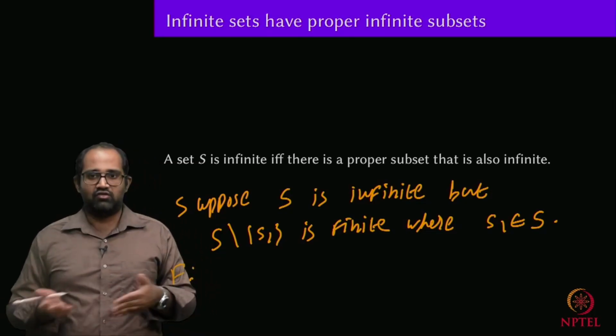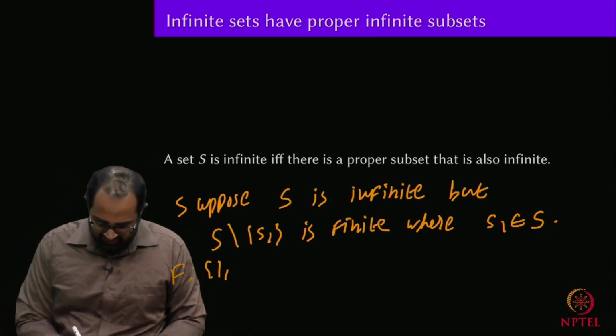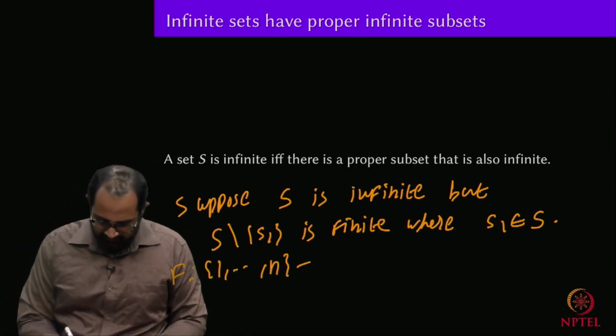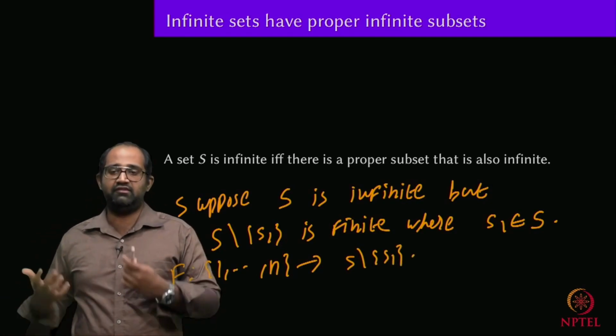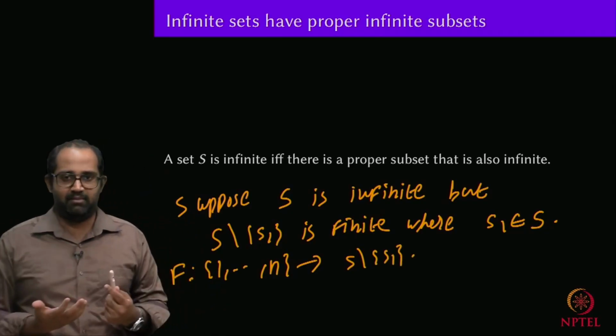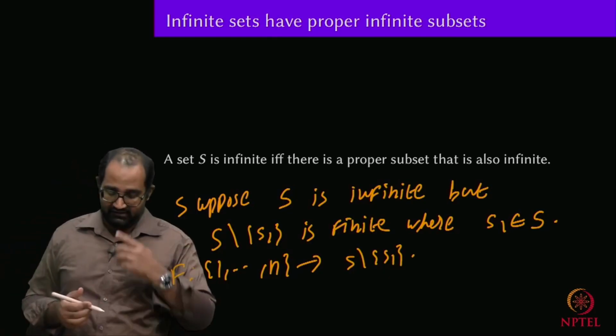That's obvious, so I'm going to completely ignore that case. I'm going to assume that there is a bijection F from 1 to n to S minus S1. That's what is the meaning of S is a finite set. It is bijective to some initial segment. So there is a bijection F from 1 to n to S minus S1.